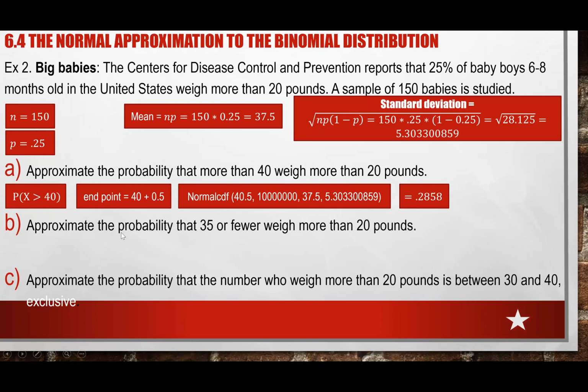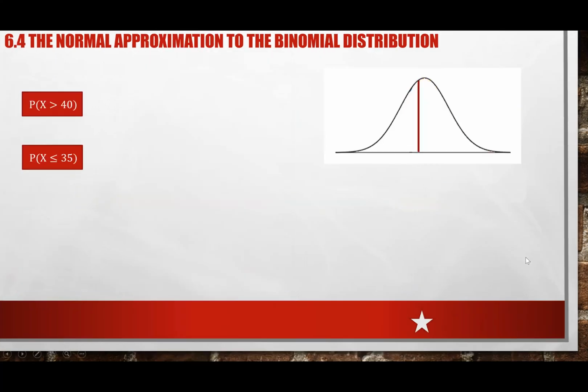Same thing here. Approximate the probability that 35 or fewer. So reminder, 35 or fewer means we include the 35, which is x less than or equal to 35. Less than or equal to 35 is the same as 35 or fewer. Looking at this thing here, 35 is this item.